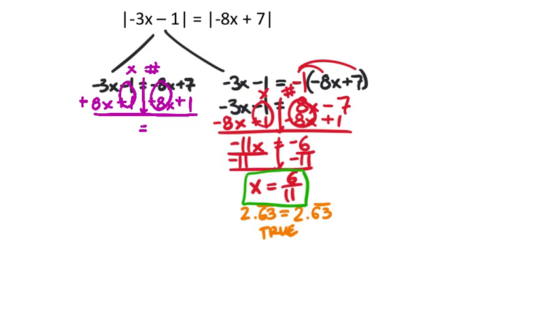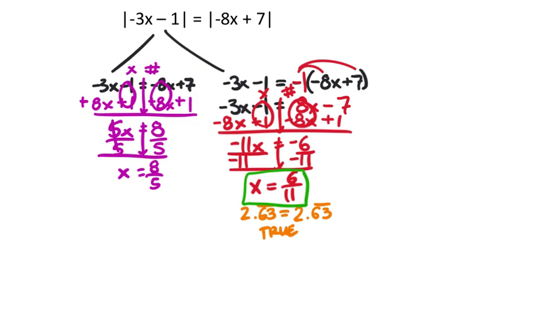On the left side, negative 3x plus 8x would be 5x. And on the right side, 7 plus 1 is 8. And last of all, we just want this to have a coefficient of 1, so we divide both sides by 5 to do that. Okay, so there's my 1. x then equals 8/5. That's fully simplified. You can have the decimal if you want it. It's like 1.6 if you care.